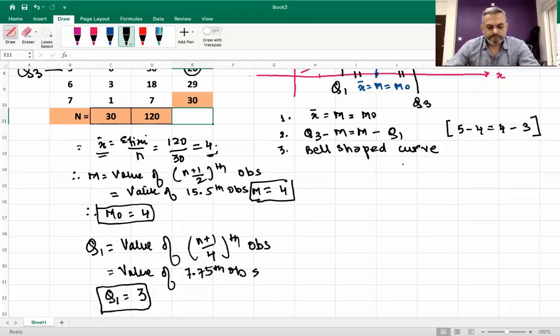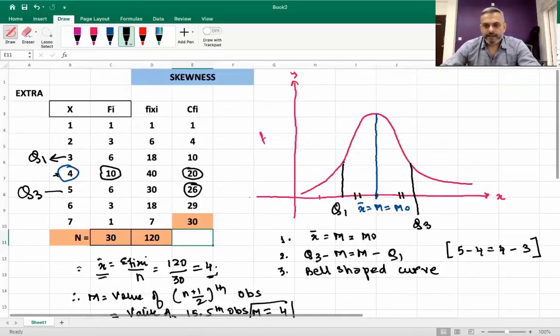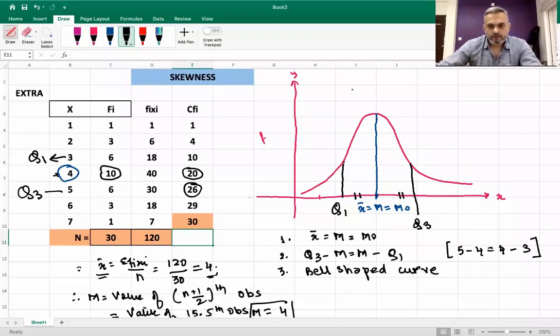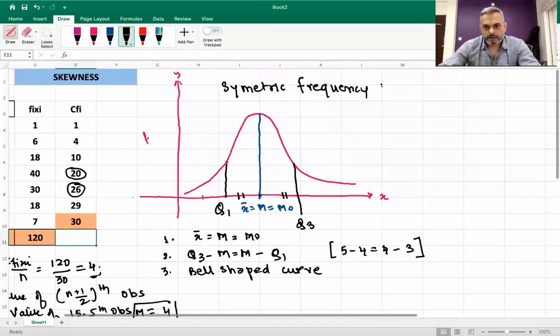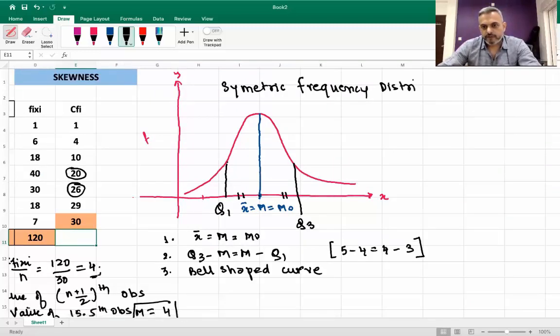Now, what can we say for such a distribution? Such a distribution is known as a symmetric frequency distribution. But you will say, sir, this chapter is not about symmetric.